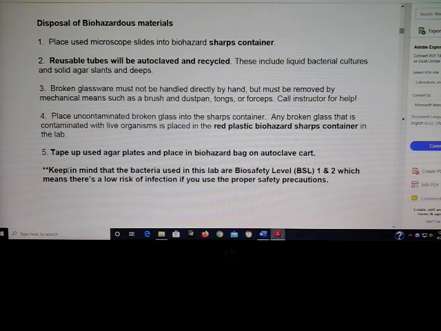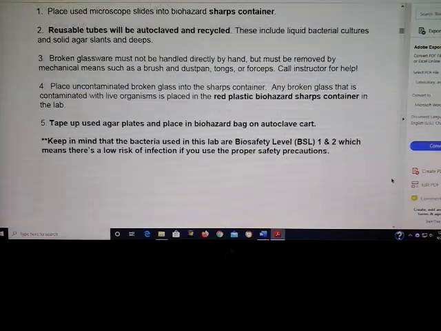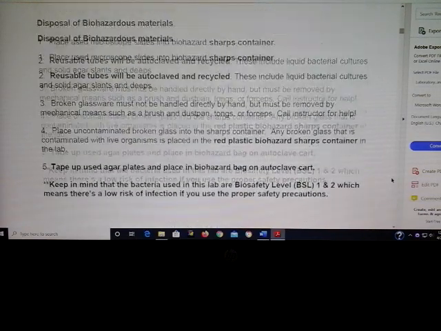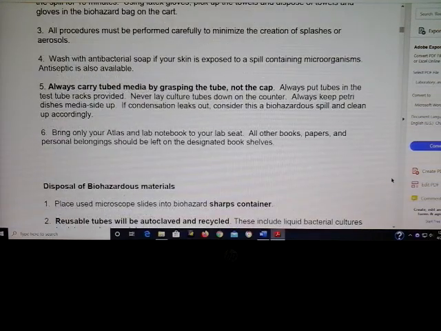And please note that we use bacteria that are considered BSL-1 and 2. Why do we use those? Well, they have a very low risk of infection if you use the proper safety precautions. Okay? And throughout the semester, I'll talk to you a little bit more about some other things as well.